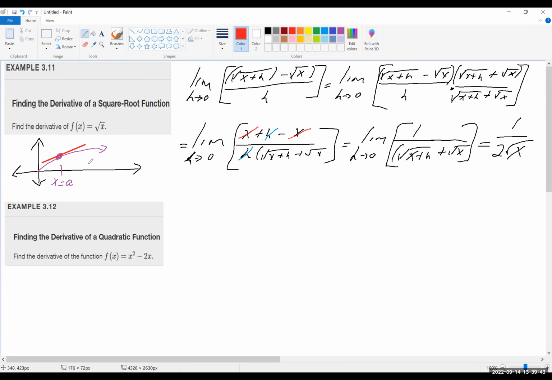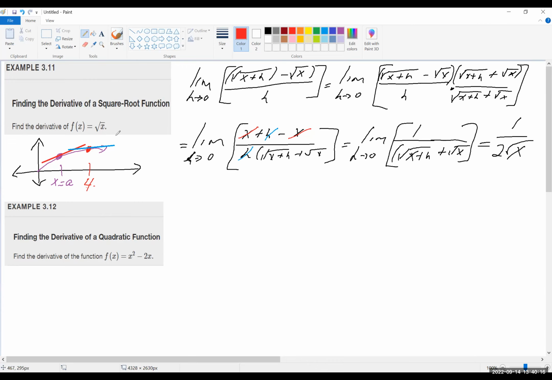So, I mean, if you wanted to be real specific and say, oh, well, what if it's 2? Then that would be the tangent line that you'd be interested in. Maybe I should have picked something easier to work with, like 4. If I'd picked 4, well, when I plug in 4 over here, the square root of 4 is 2, so it's going to be a quarter.